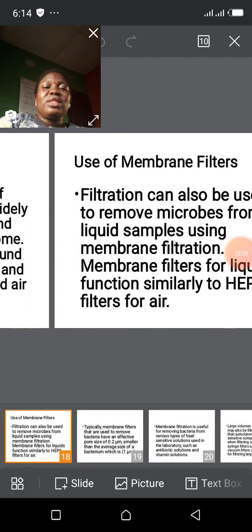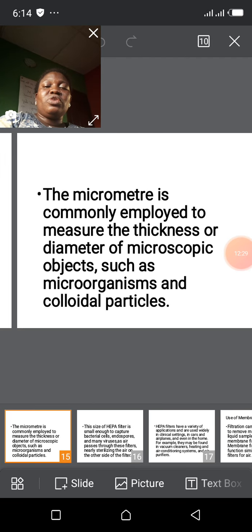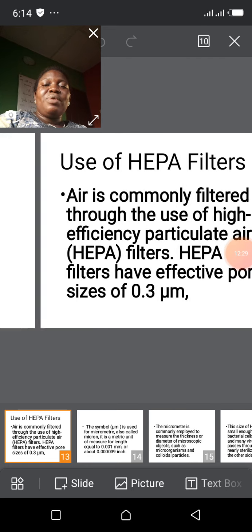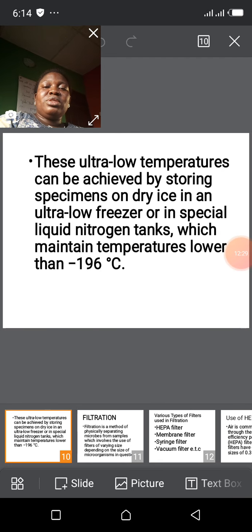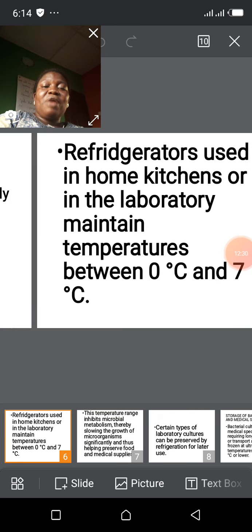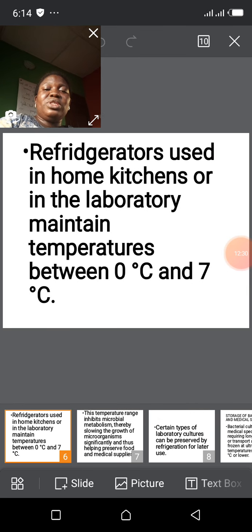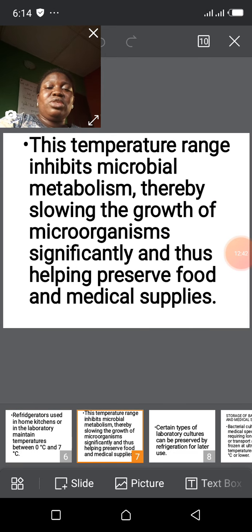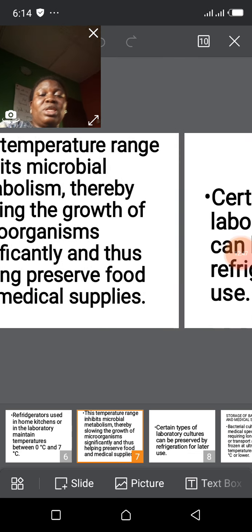Don't forget, in our class today, we have looked at the use of low temperature in sterilizing or controlling harmful microorganisms. I told us that the refrigerators that we use in the homes or in our laboratory have the ability of maintaining a temperature of about 0 degrees Celsius to 7 degrees Celsius, and this temperature will inhibit or slow down the growth of microorganisms.